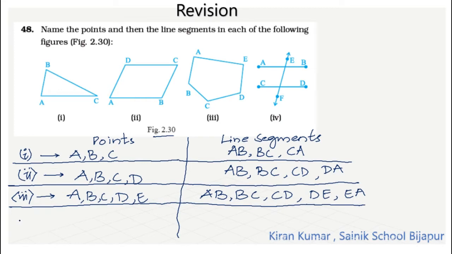The points of intersection are not mentioned, so except that you have to write the remaining A, B, C, D, E and F. There are only 3 line segments here. They are line segment AB, line segment CD and the line segment EF.